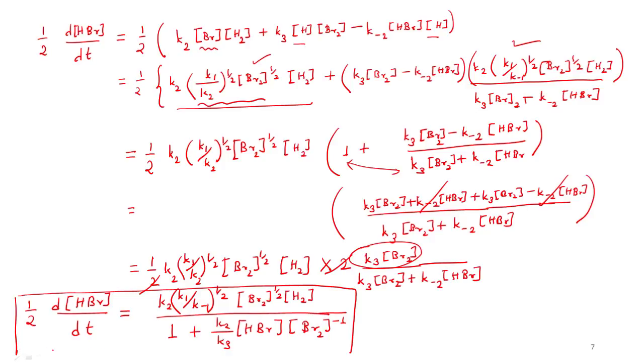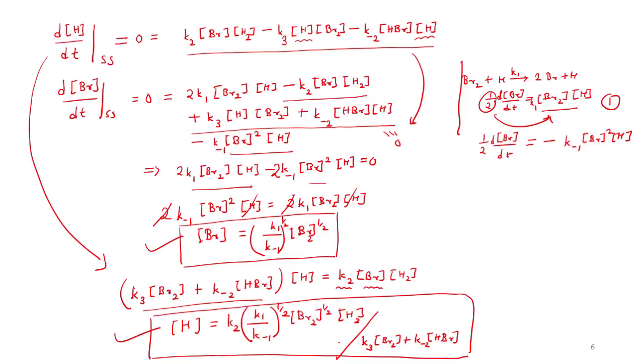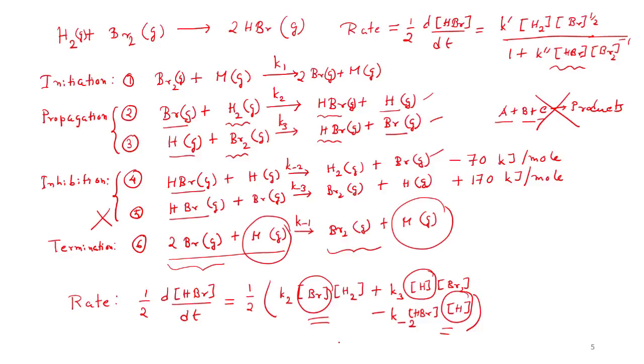As we see, even if it is a fairly complicated rate expression, we can express the entire thing. This will be actually Br2 to the power half, because no Br should come in the rate expression. And we can see that this observed rate, which we had started with, we could recover.